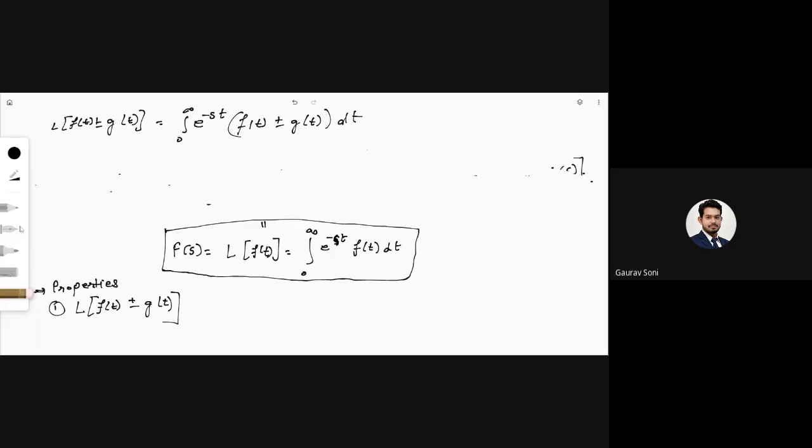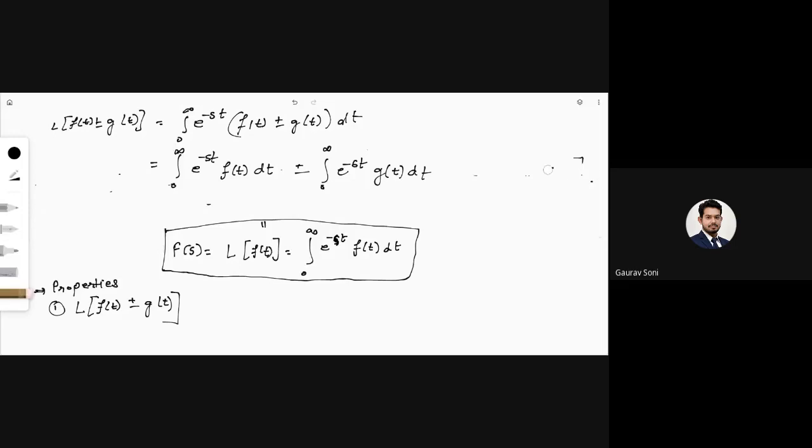We know that the integration will separate over addition and subtraction. So it will be integral 0 to infinity e to the power minus st f of t dt plus minus integral 0 to infinity e to the power minus st g of t dt.